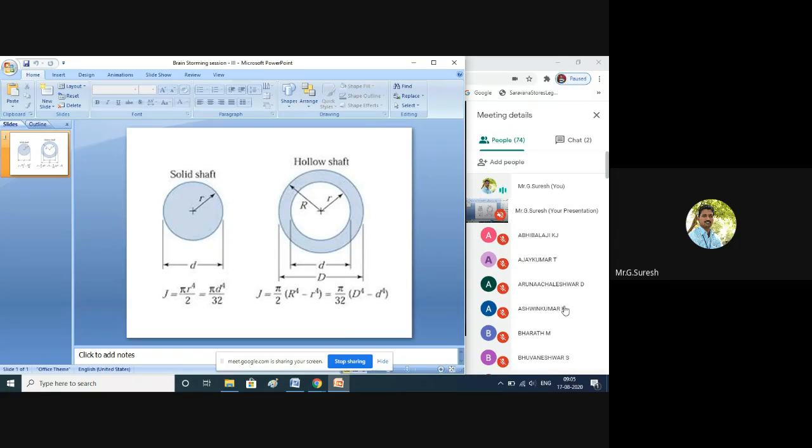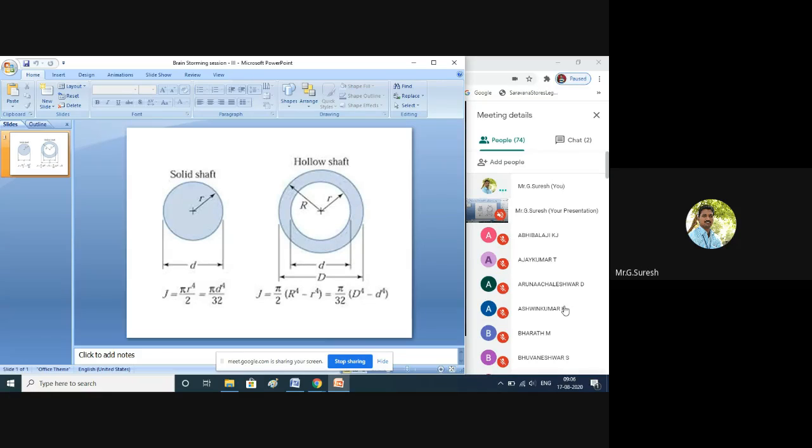I would like to know how much understanding you have towards this. Polar moment of inertia. Who is that? Ajay Krishna, sir. Yes, Ajay Krishna. Sir, polar moment of inertia is the ability to oppose the torsional moment.